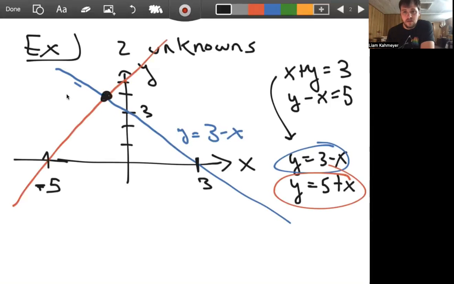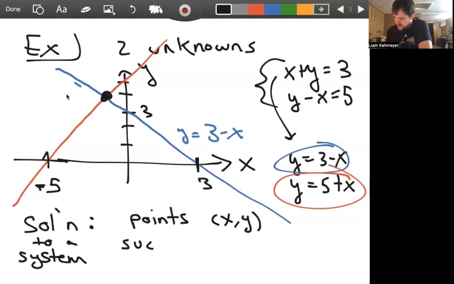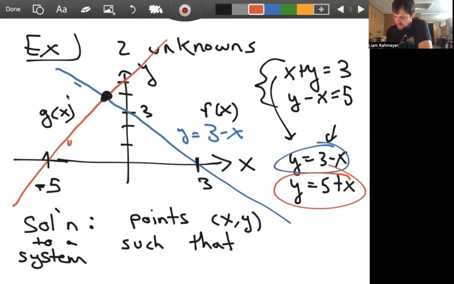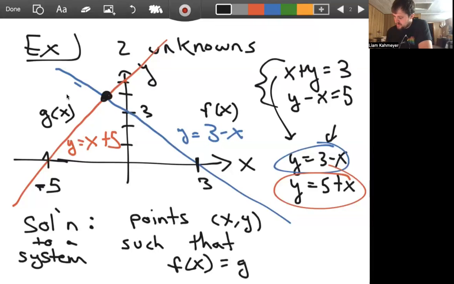And the solution to this system of equations, meaning, let's write this out, a solution to a system is points x, y such that, well, in this case, if in blue we have f of x, and in red we have g of x here, sorry, I forgot to write that this would be y equals x plus 5, then a solution to this system would be the set of points x, y such that f of x equals g of x.